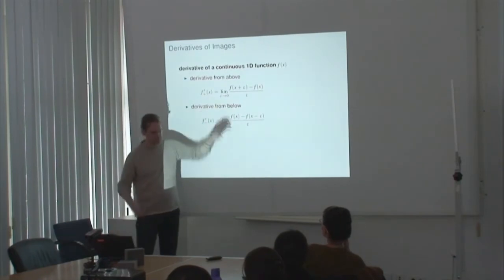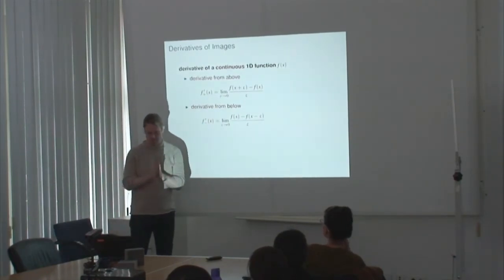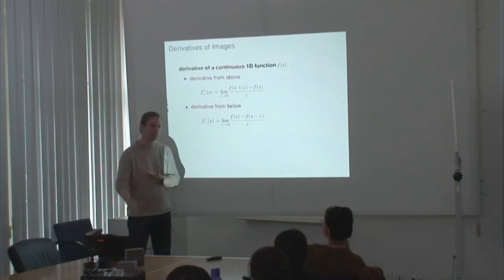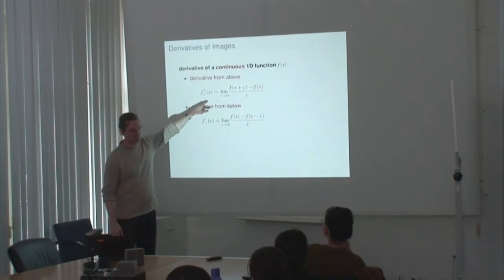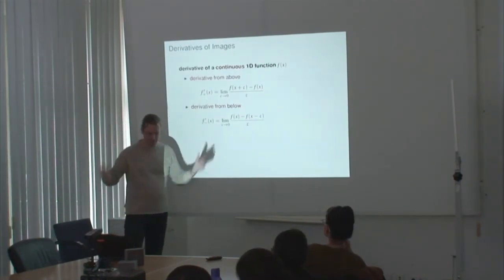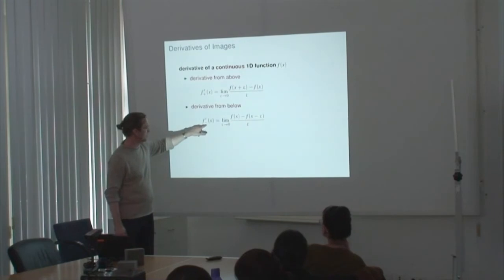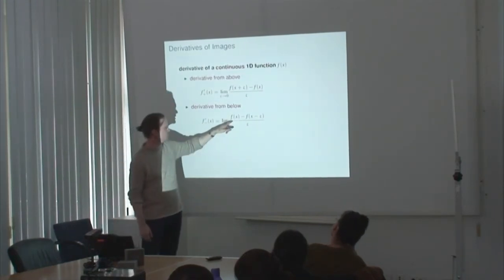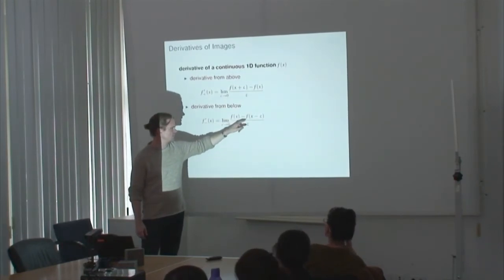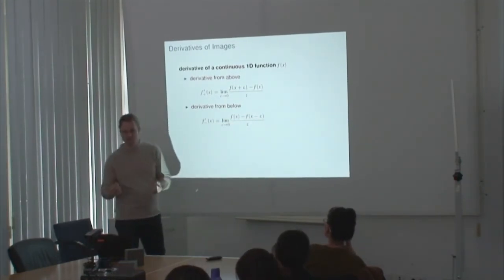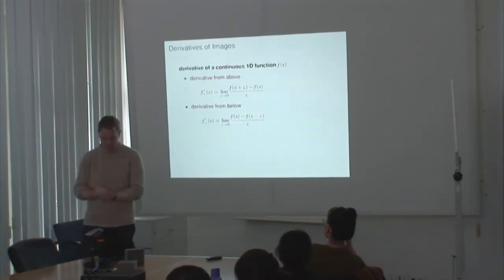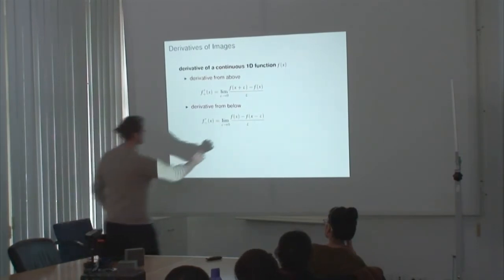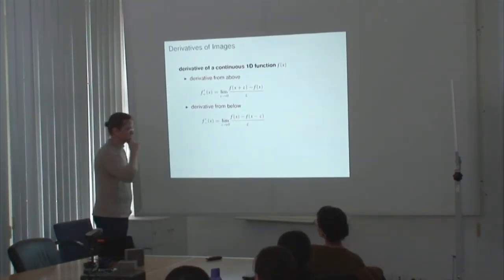And if this epsilon is becoming ever smaller, moves towards 0, the limit of this expression is called the derivative from above. And vice versa, the derivative from below, f prime minus, is basically the difference between the value of the function f at x minus the value of f at x minus this epsilon, divided by this epsilon. Again, this will be made very, very small. The limit of this expression is called the derivative from below.